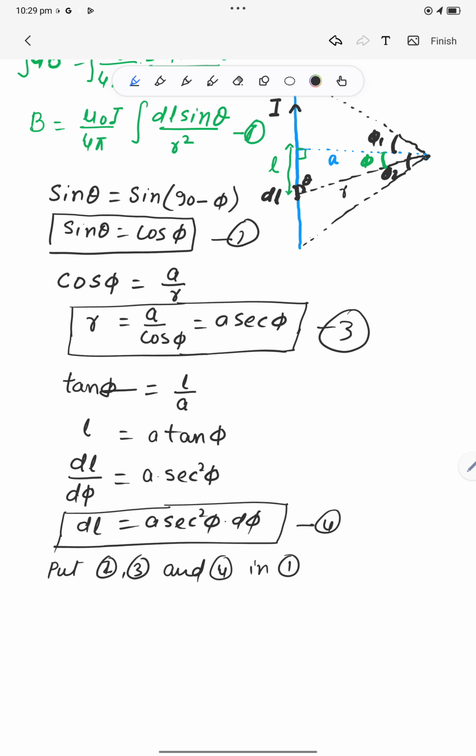So we find B is equal to mu naught I upon 4 pi times the integration of, in place of dl, a sec square phi into d phi, and in place of sine theta, cos phi.